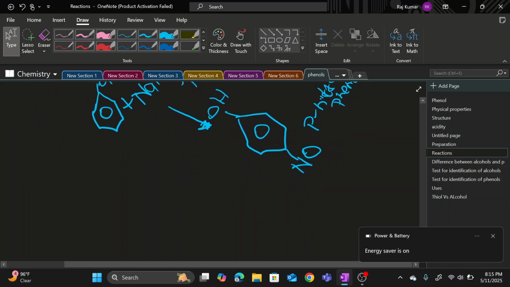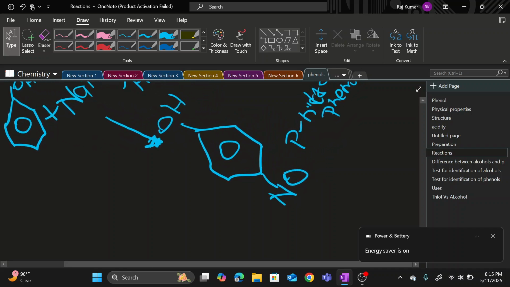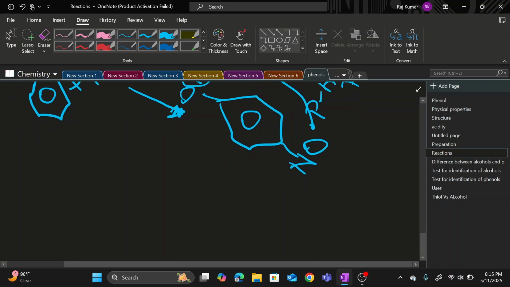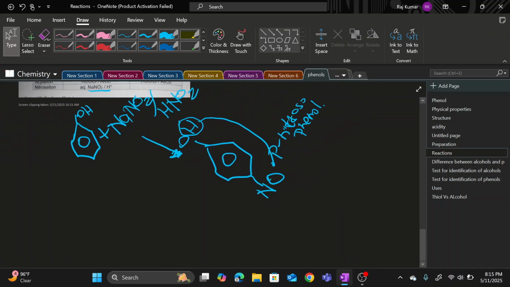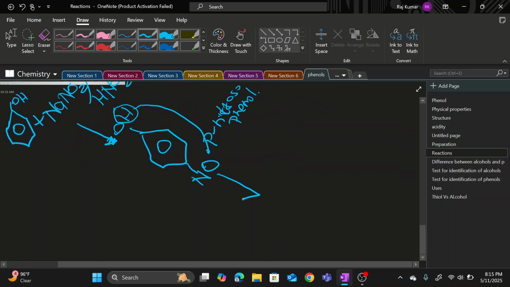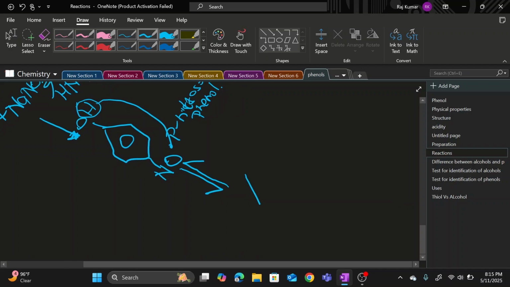This forms a tautomeric structure such that this hydrogen, which is a mobile hydrogen, will go to this part. Let me just draw its tautomeric structure. The tautomeric structure would be like this.